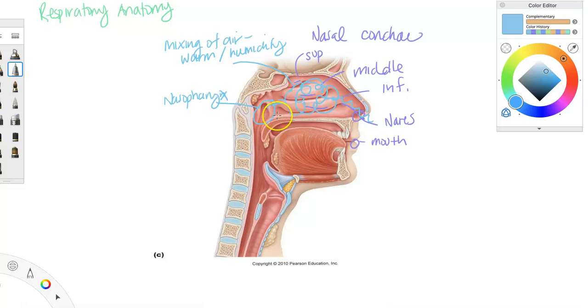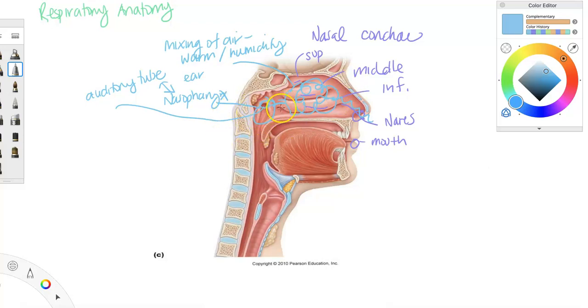And in the nasopharynx, you'll see the entrance to the auditory tube, which connects the nasopharynx with the ear, with your inner ear. So when you feel pressure in the ear, you yawn, it opens that auditory tube and releases gas and equalizes pressure there.